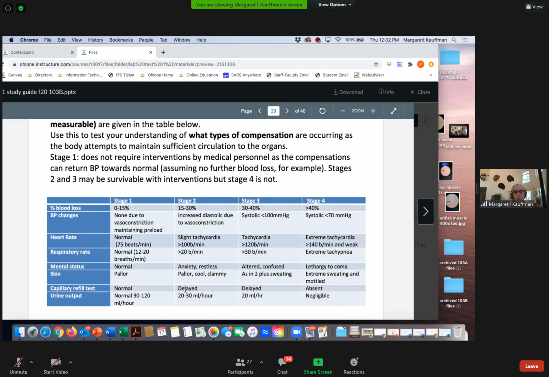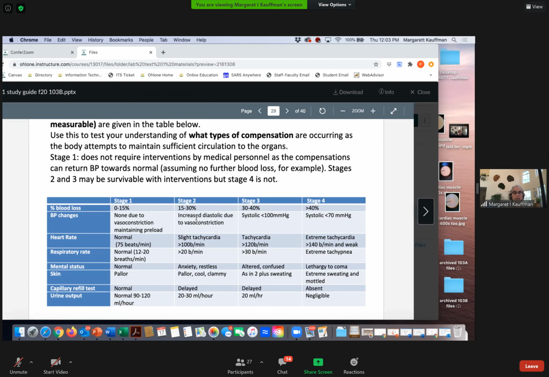And you may find that you can't refill capillaries. That's what the perfusion test is. You're looking to see whether there's enough pressure for you to rapidly put blood into the capillaries, and you'll decrease your urine output. Okay, and in this case, you still could tend to recover as long as you didn't continue to lose blood.